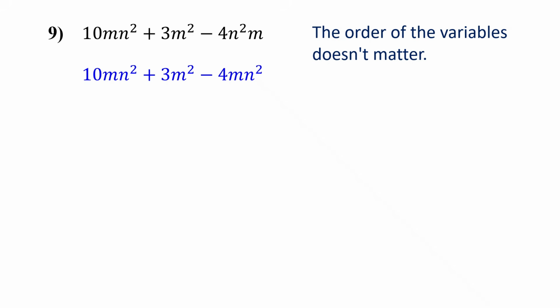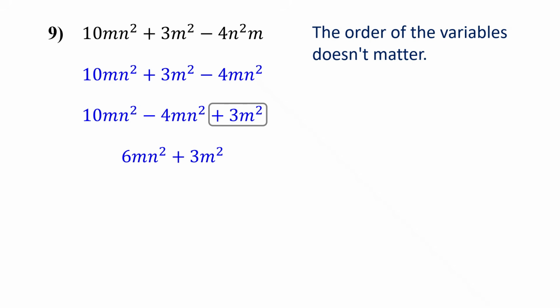Now the first and third terms are clearly like terms, so we can group them together and combine. 10 minus 4 is 6, giving us 6mn squared. Now, what about that 3m squared? It doesn't have a like term to combine with, so it just comes along for the ride. The key takeaway is this: don't get fooled by the order of the variables. Rewrite them in the same order, then check what matches.